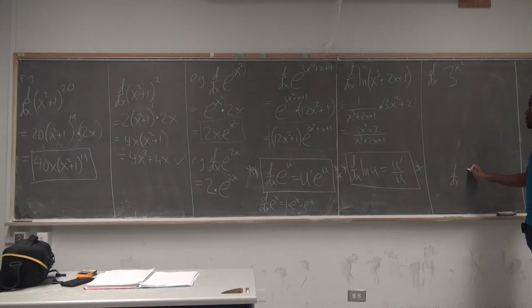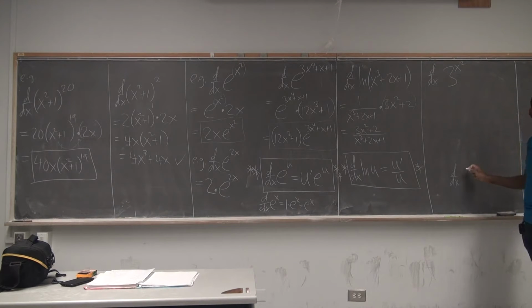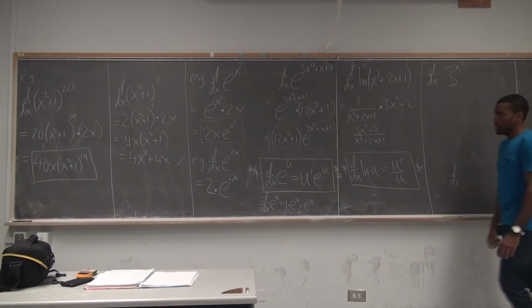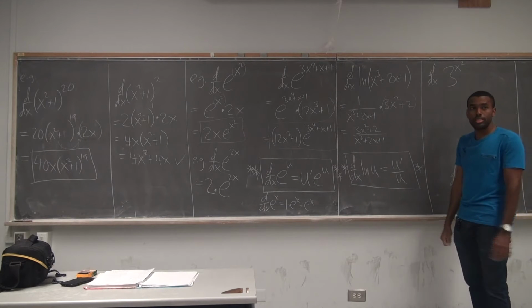Forget that. Tell me the general formula that you would think of applying to that. It's not that one. Why is it that one? This is an e, this is a 3. They're two different things.